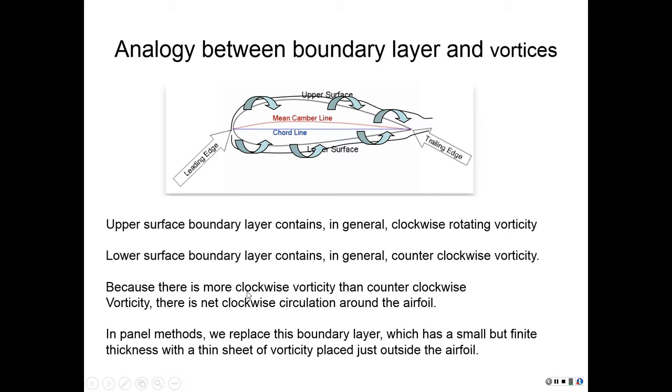There will be a clockwise rotation on the upper surface, counterclockwise on the lower surface. If you sum them all up and get a net circulation of 0, then you'll have 0 lift. If you have a net clockwise circulation, you'll get an upward directed lift. If you have a net counterclockwise circulation, then you'll get a downward directed lift. So just the sign of this vorticity can also determine the sign of the lift.